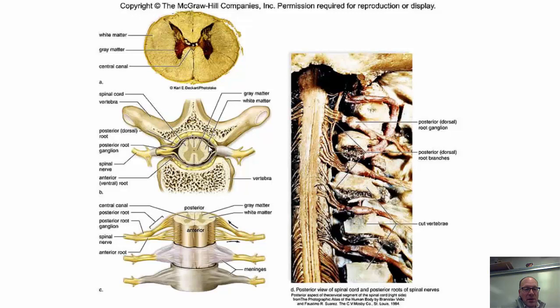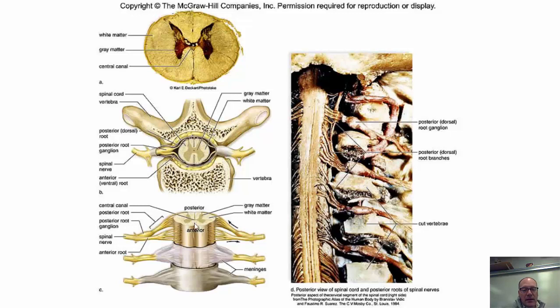If you look at where the spinal cord is in relationship to this vertebra, this would be the anterior part of the vertebra. This would be the posterior part of the vertebra. This is the dorsal spine, and these are the transverse processes on the posterior, dorsal side of the vertebra. And of course, within that vertebra is housed the spinal cord.